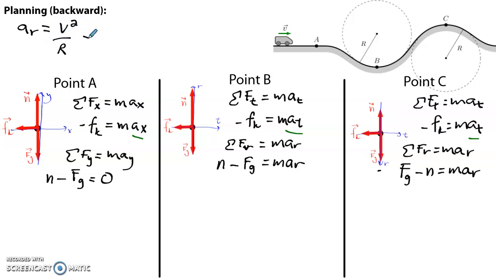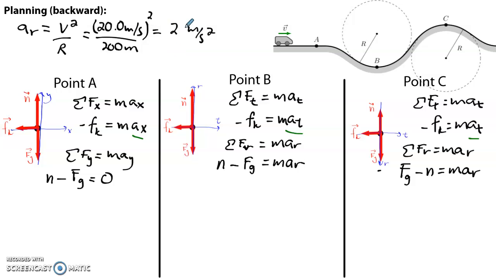All right. So in here, we know that we have v, which is 20 meters per second, all of that squared, divided by the radius, which was 200 meters. So the math is easy to do in here. 20 squared, 400, divided by 200 gives you 2 meters per second squared.